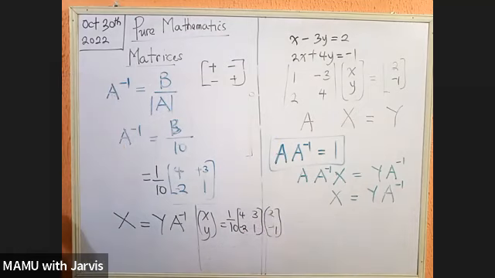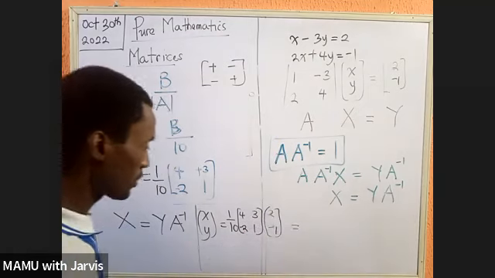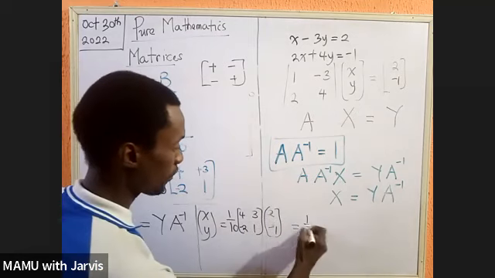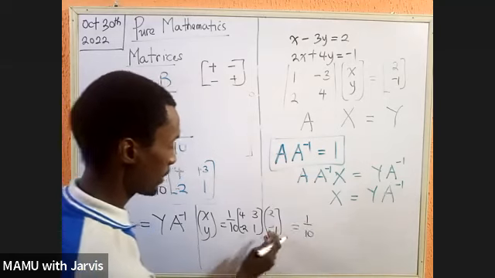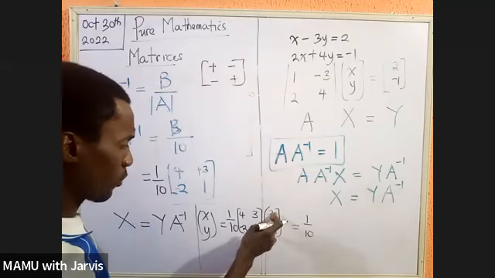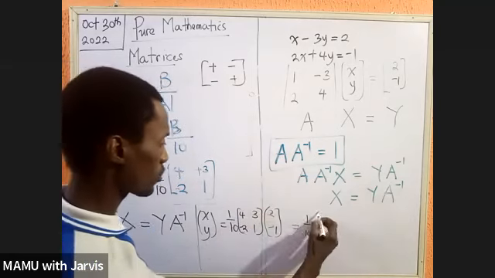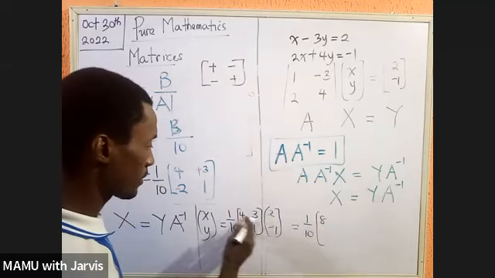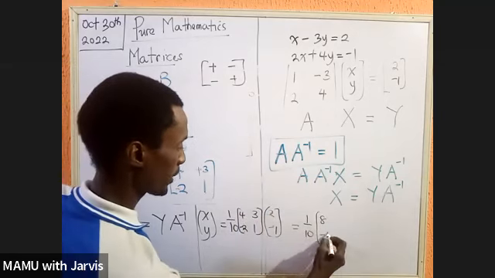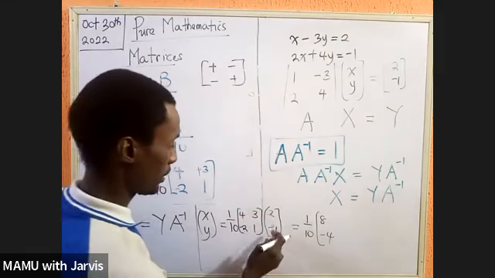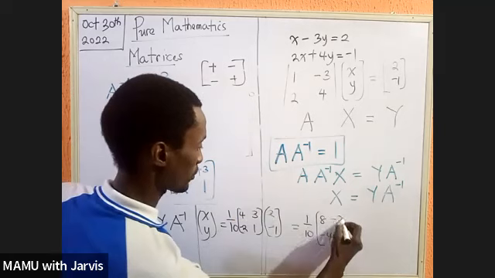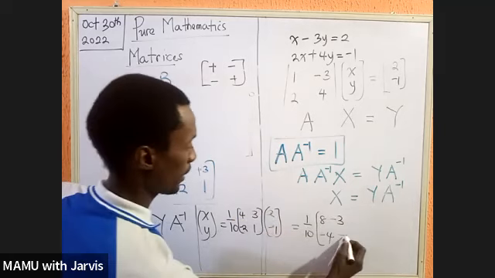So what does that give you? This will now give you 1 over 10. Keep the 1 over 10 out. Remember that this one multiplied this and this. So to multiply: this times this is 8, this times this is negative 4, this one multiplied this is minus 3, minus 1.